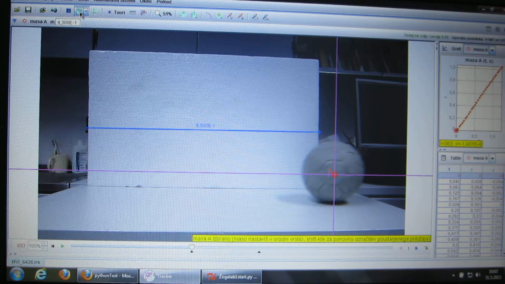Here I put a ruler to specify the length in the video.